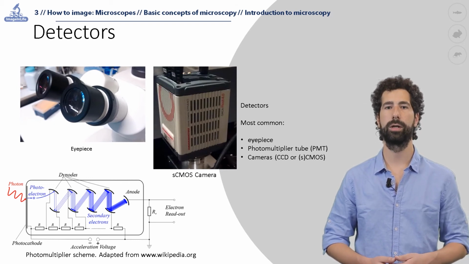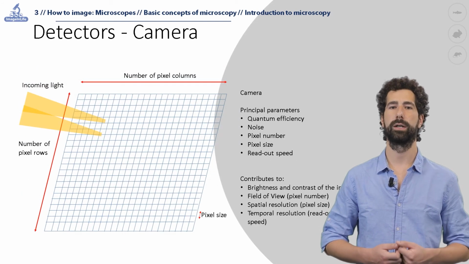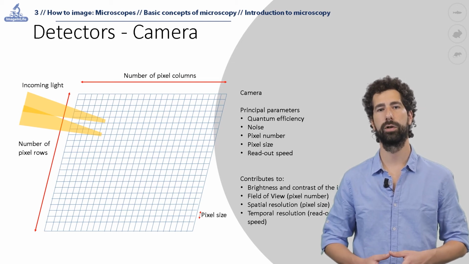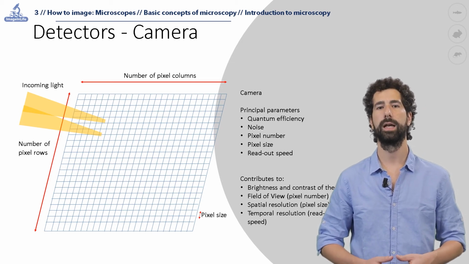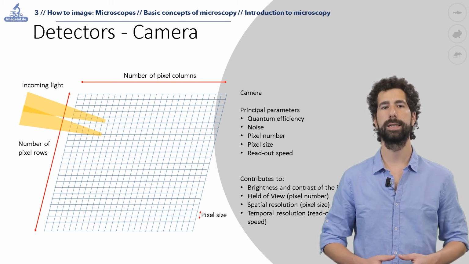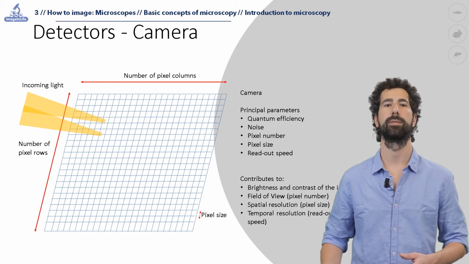In this lecture, we will concentrate only on cameras. The main component of a camera is the so-called camera chip, an array of pixels that are capable of converting the incoming light intensity into voltage and finally into bits. This information is then sent to a computer, permitting to record, store, and process the image.